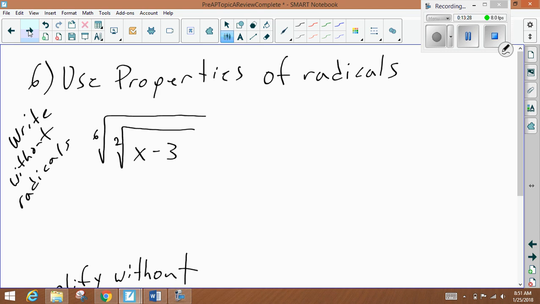So I'm going to write this one without radicals. First thing I'm going to do is write it as the square root of x minus 3 to the 1/6 power, right? I can do that. And then I'll go further, and I can write this as x minus 3 to the 1/2 power to the 1/6.